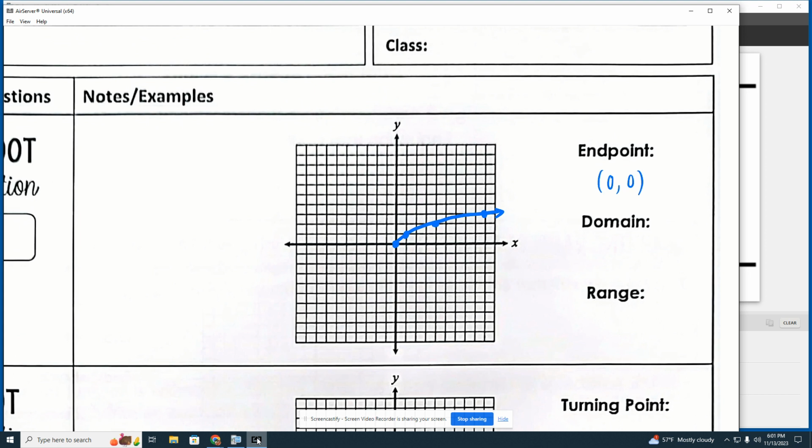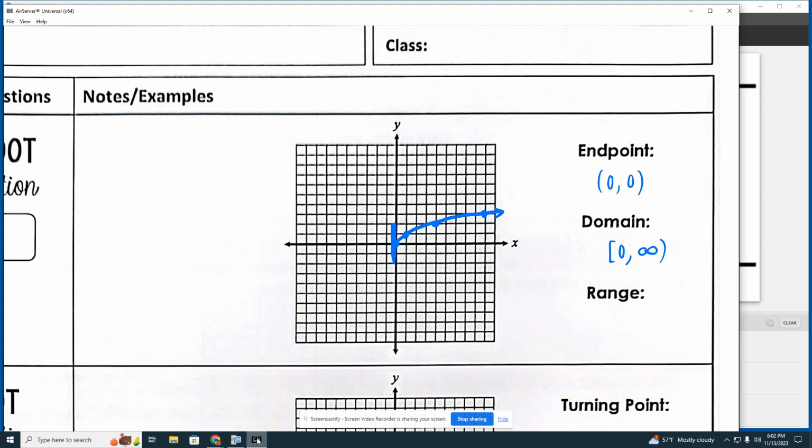Here's some more things that you need to know. The domain. Remember, domain is what can x equal. Now, think about this, guys. Can the graph come way over here? Well, of course not. It starts right at the x value 0. Now, how far will this thing go to the right? Well, it's going to keep on going right and up gradually forever. So the domain is from 0 to infinity.